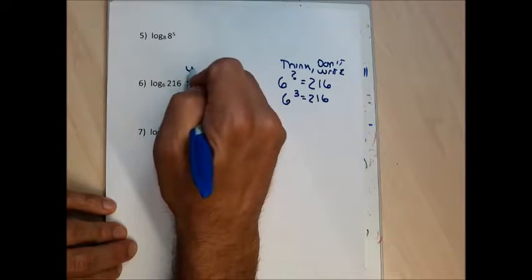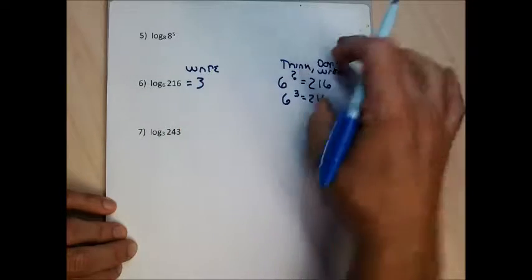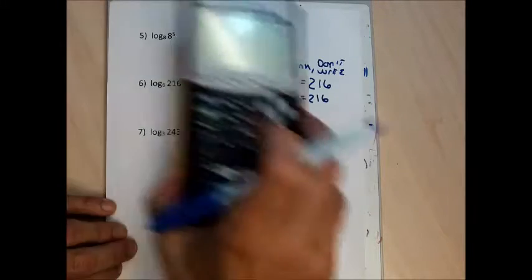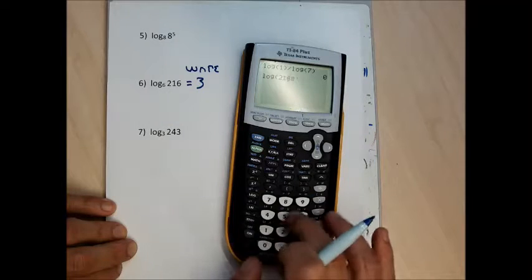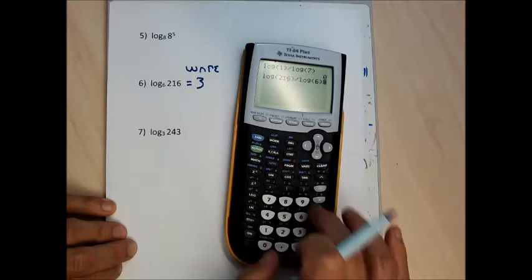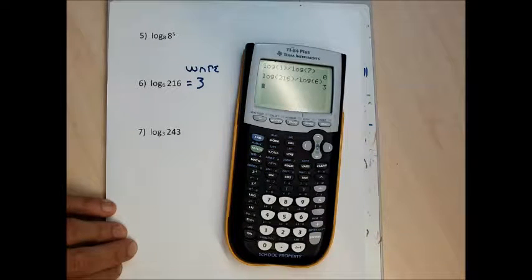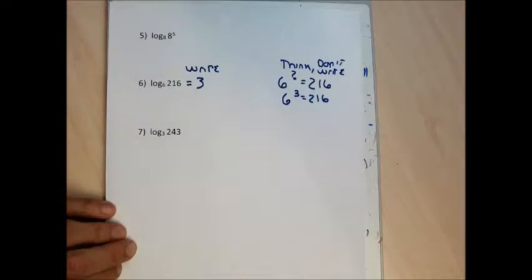This is what I write. I just write the answer. If you can't do that thought process in your head, then just break out your calculator. Here I do log of 216 divided by the log of 6, and I get an answer of 3. Ultimately, for every time you're asked to evaluate a logarithm, you should just write the answer down and don't write your thought process or what you enter on your calculator.